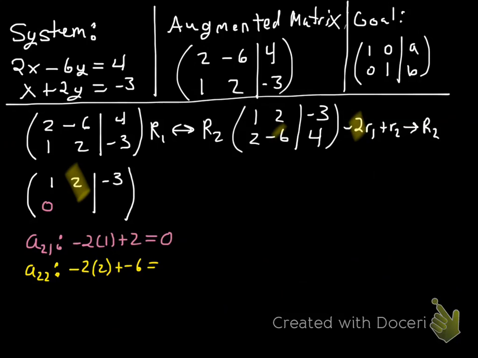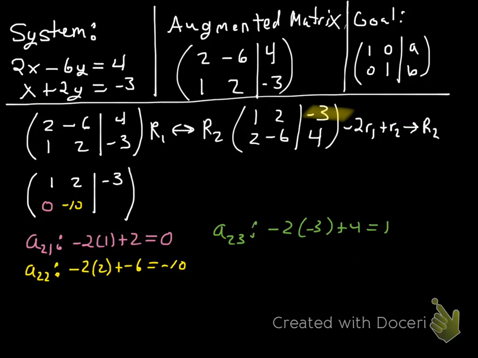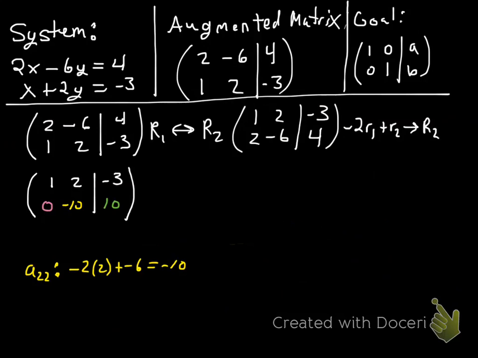And then we're going to add that to the -6. It gives us -10. And then finally for A23, second row, third column, so here's the row 1 times negative 2 added to the second row. Gives us 10. And now I've gotten the first column taken care of.